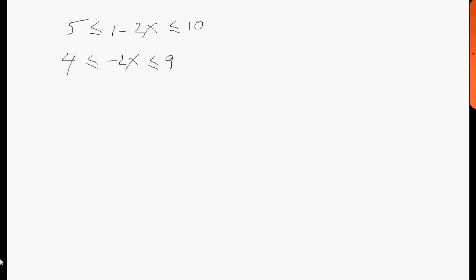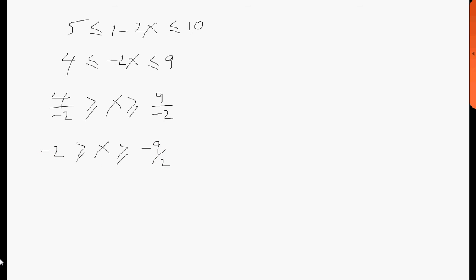Then you have to divide both sides by negative 2. Here you get x, here you get 9 over negative 2, here you get 4 over negative 2. You also have to change the direction because negative 2 is a negative number. So x is between negative 9 over 2 and negative 2.